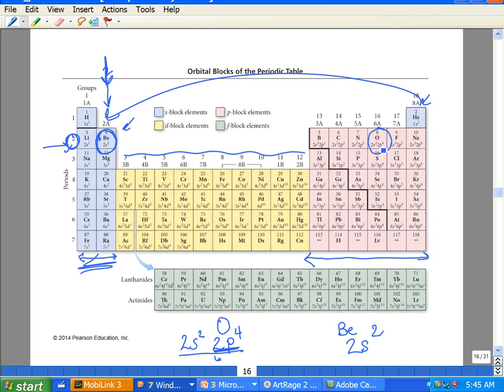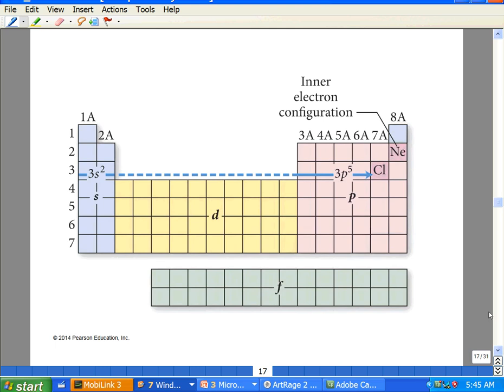What about calcium now? Let's go back. Let's play with a couple of these. Here's one that it gave you as an example. Let's look at chlorine first. We can do several things with chlorine. We can use the periodic table to find its valence electrons.